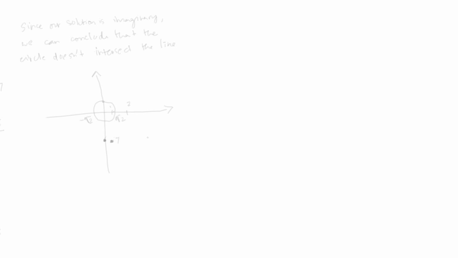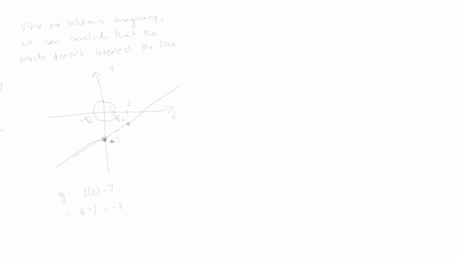So when x is 2, the corresponding point would actually be 4 minus 7, that gives me minus 3. So I'll have minus 3, which is perhaps over there. So when I draw the line, roughly, you will see that the circle does not touch the line. So, which is why we don't get a real solution. So you have to keep that in mind. If you don't get a real solution, it means that the circle and the line do not intersect.